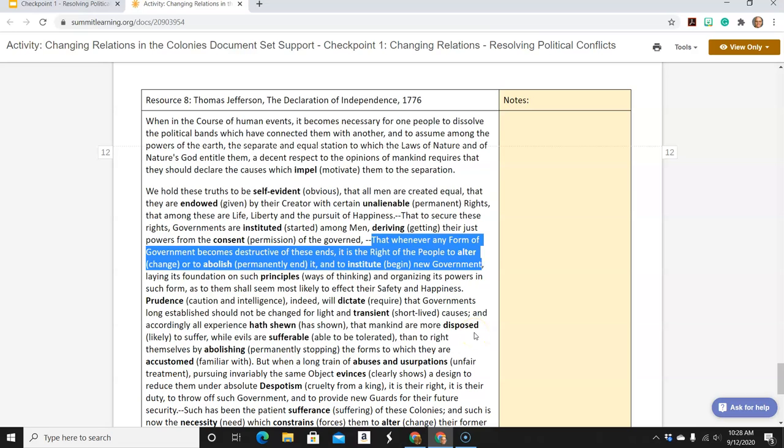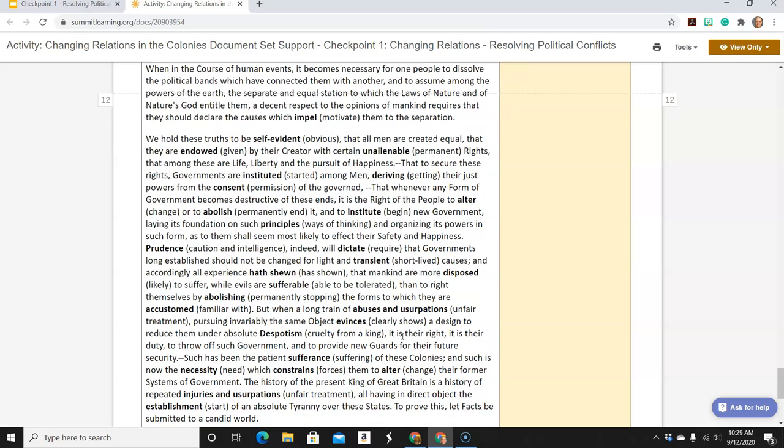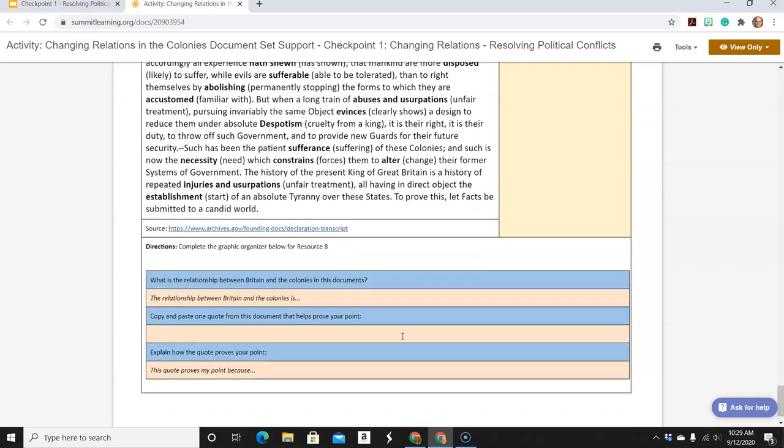What Thomas Jefferson is saying here is that the King of England has become destructive. The king and Parliament are taking the rights of the people away, and it is the right of the colonists to end that relationship with England and to create a new government. And that's exactly what they did. They created the United States of America. They broke away from England with this document.